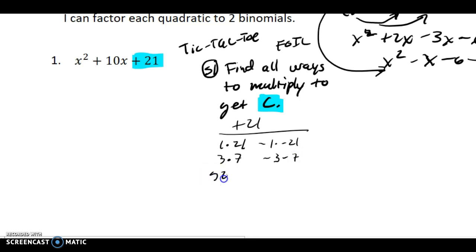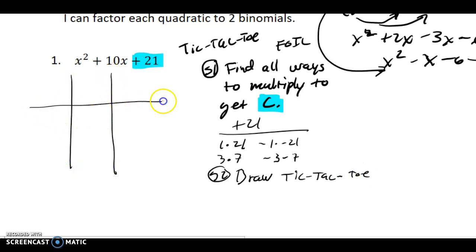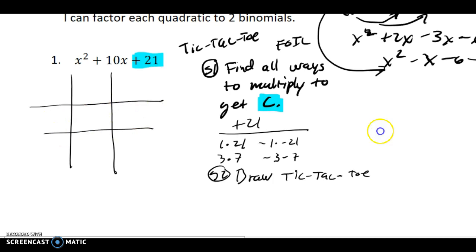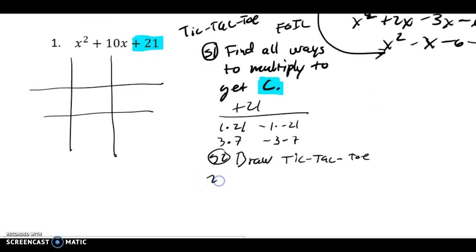So then step 2, we're going to draw tic-tac-toe. Okay, and then step 3, we're going to kind of play the game.